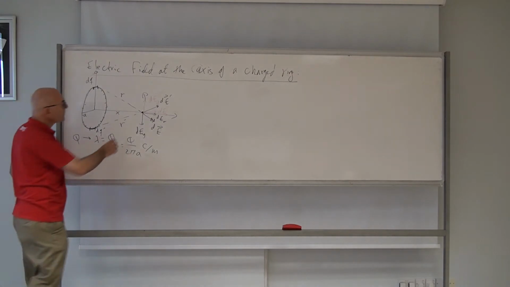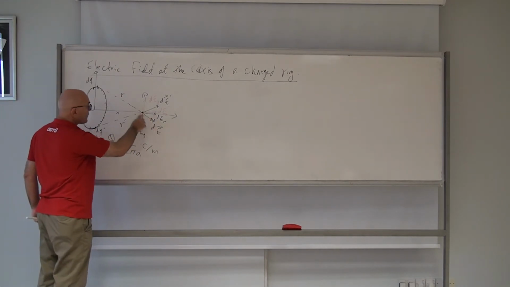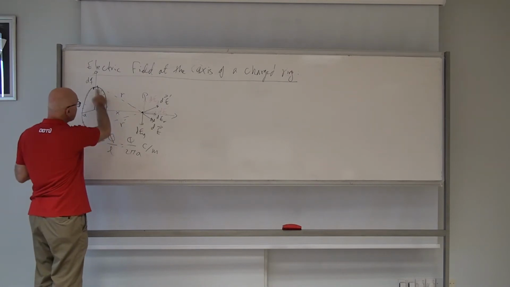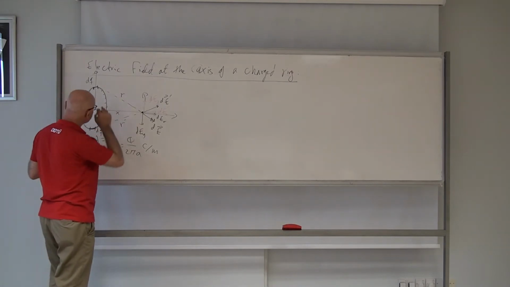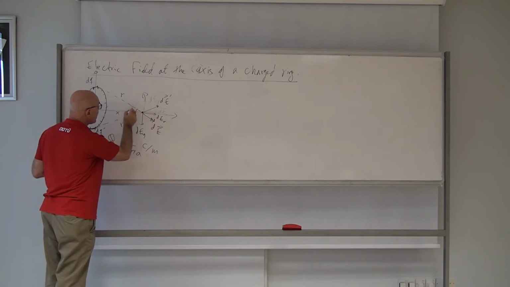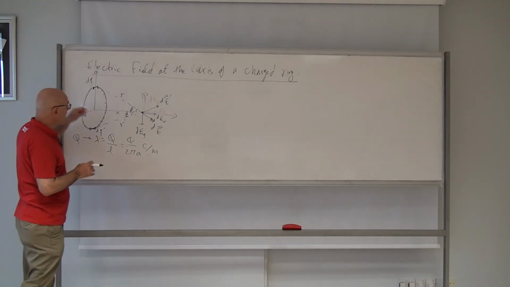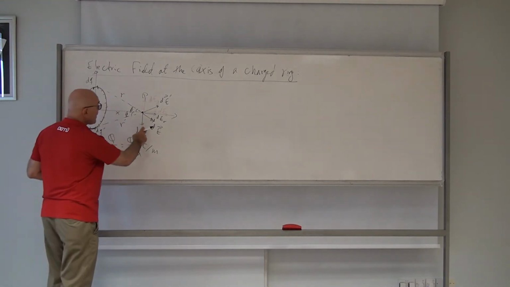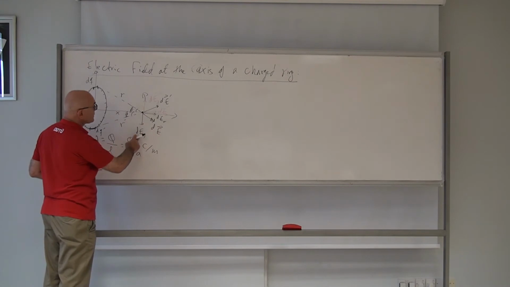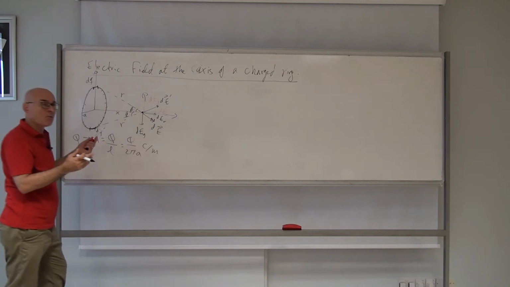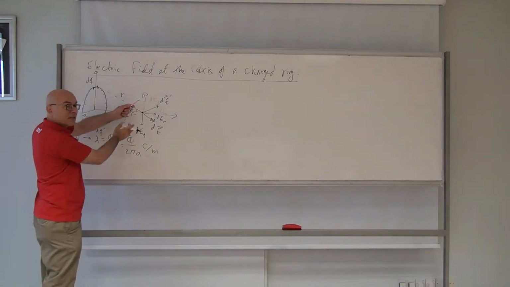I note that because of the symmetry, and because this angle, call it phi, is the same for all dq's on the ring, the y component dEy and the y component dEy prime are equal and opposite, and so they will cancel each other.